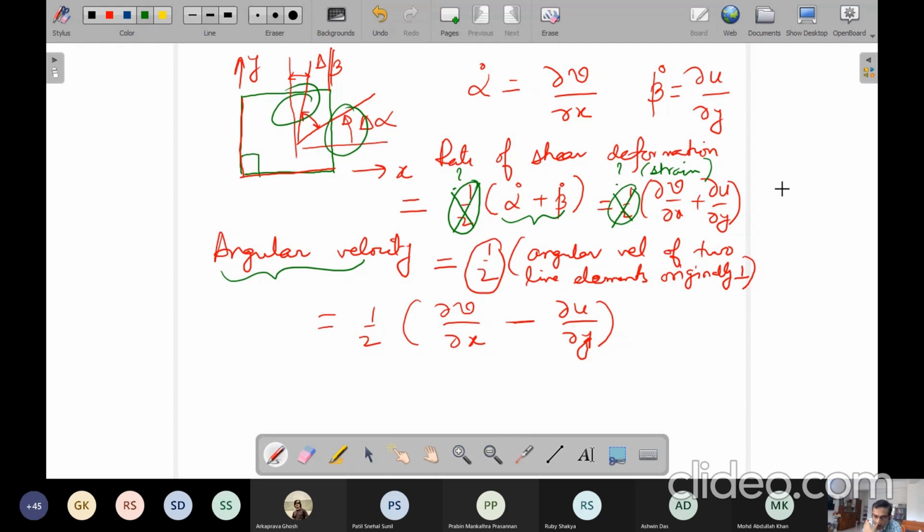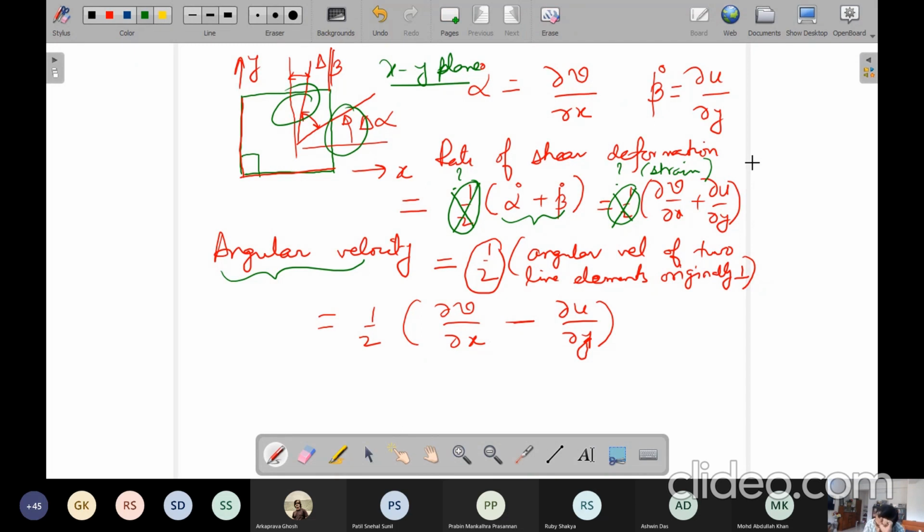So now, instead of rate of shear deformation, we will say this rate of shear strain, or whatever. This is the strain rate of this fluid element. And this is in which plane we have to keep in mind. This is the XY plane. So XY plane means whatever angular thing is happening, this is with respect to the Z axis.